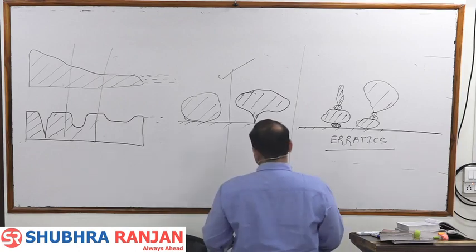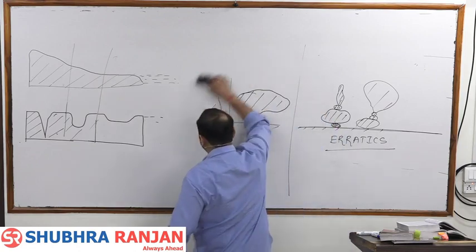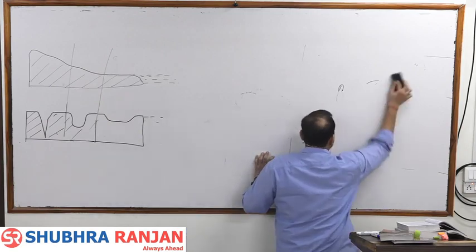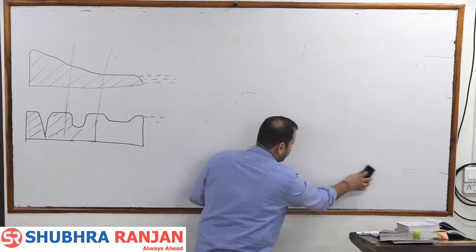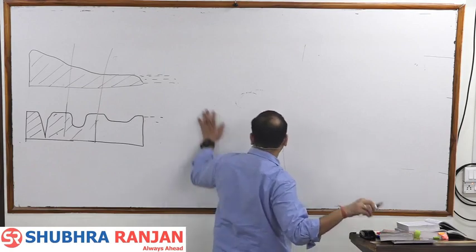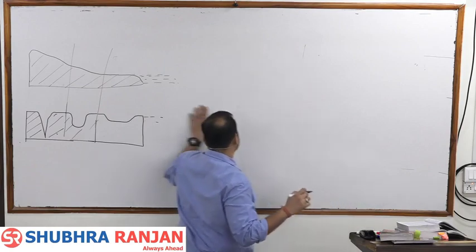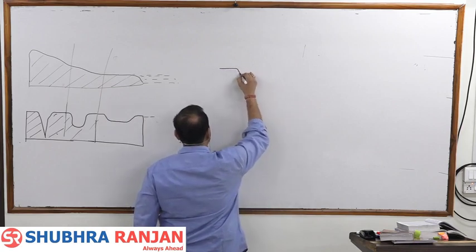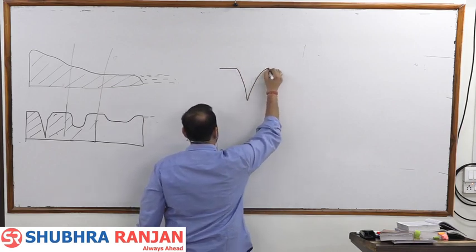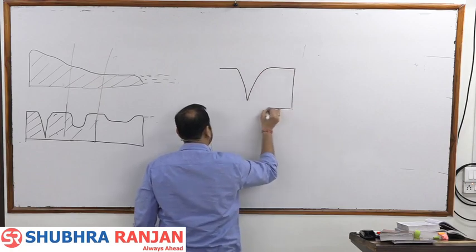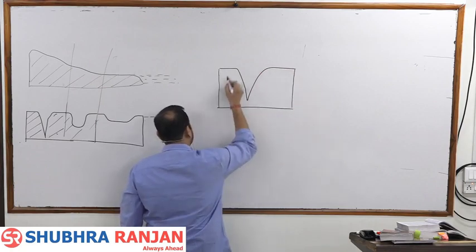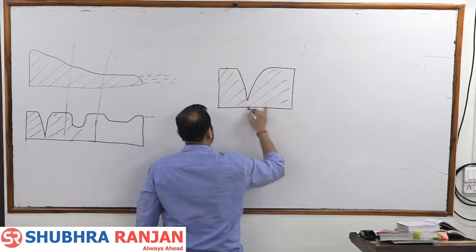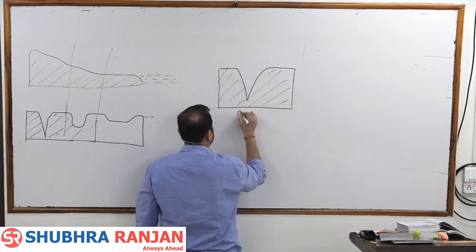And hence the relief will be different. Draw this diagram. What is this relief? V-shaped valley.